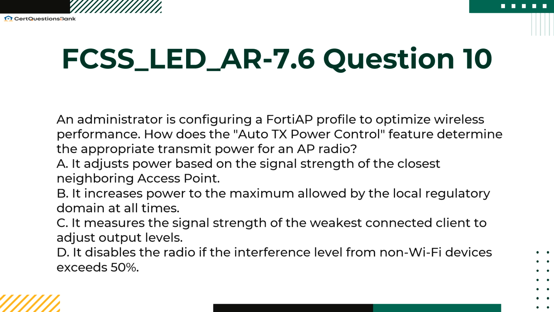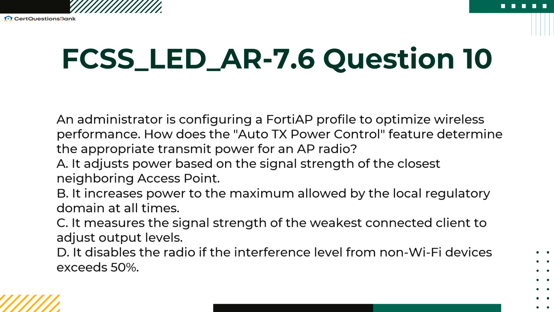An administrator is configuring a FortiAP profile to optimize wireless performance. How does the Auto TX power control feature determine the appropriate transmit power for an AP radio? A. It adjusts power based on the signal strength of the closest neighboring access point.